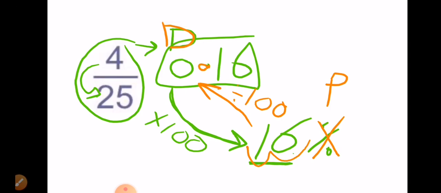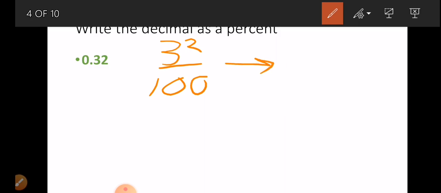Okay, let's see another example. Here I have a decimal and I want to write this decimal as a percent. Okay, the regular way that we took before is what? 0.32 means 32 over 100. Anything over 100 means it's a percent, so 32%. Do you remember the shortcut?